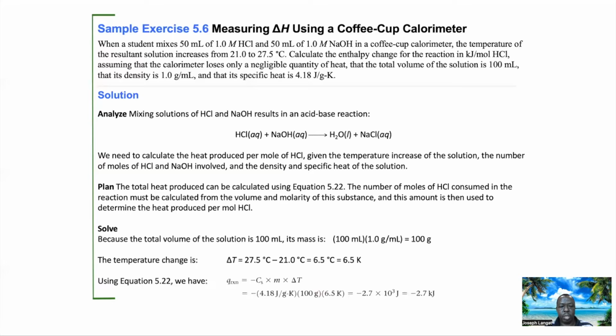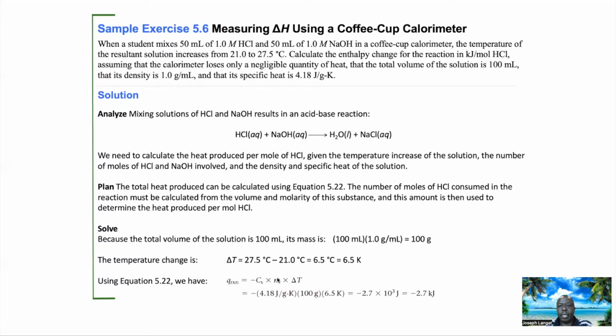Q for the reaction is given by specific heat times mass of the solution times change in temperature. Understand that this is a specific heat. The symbol for specific heat is cs. Remember, C in the previous section denoted the heat capacity, but cs is the specific heat, times the mass of the solution.